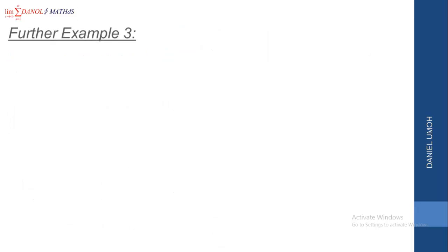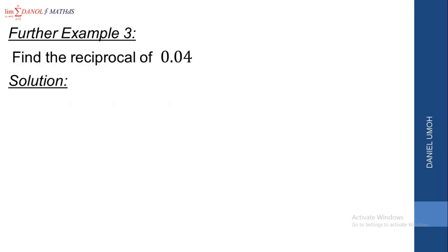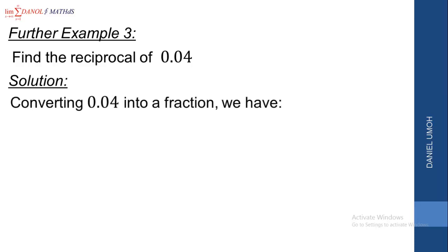Now let's look at further example 3. Example 3 says, find the reciprocal of 0.04. 0.04, that's a decimal number. Now what we're going to do is to first and foremost convert this decimal number into a fraction. Converting that into a fraction, look at it, it has 2 decimal places.